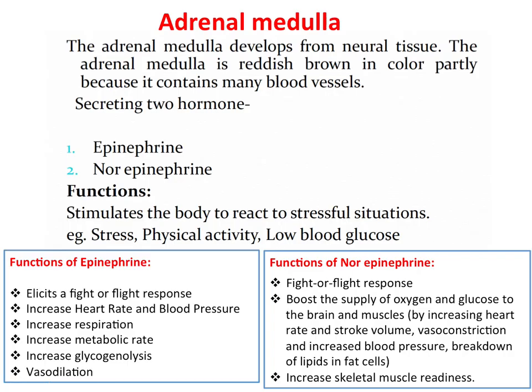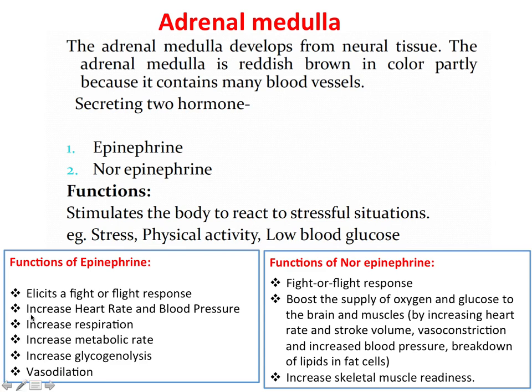Now I will discuss the adrenal medulla. The adrenal medulla is the inner part of the adrenal gland, and it produces two main hormones, epinephrine and norepinephrine. The function of the adrenal medulla is to stimulate the body to react to stressful situations, such as physical activity and low blood glucose. The function of epinephrine is to elicit the fight or flight response.